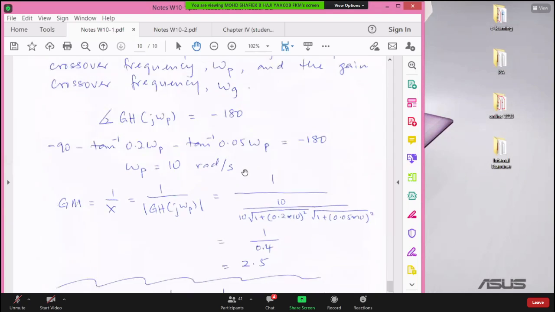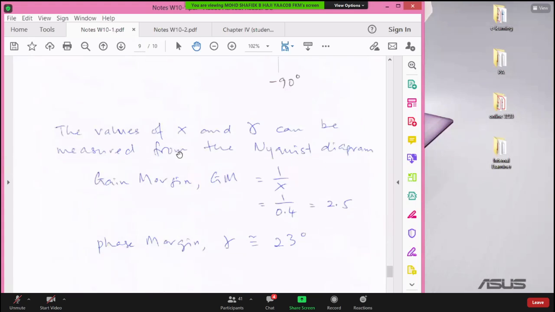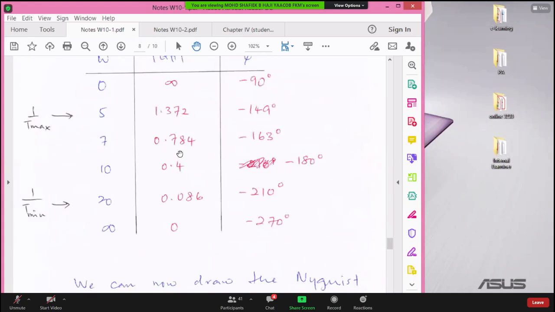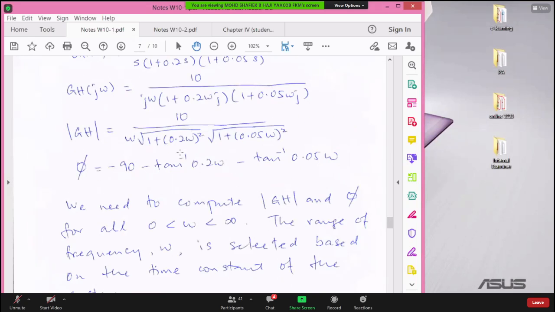So from the definition, at the phase crossover frequency, the phase angle is -180. So you use this expression for your phase angle. When the phase angle is 180 or -180, the frequency at that particular point is the phase crossover frequency.